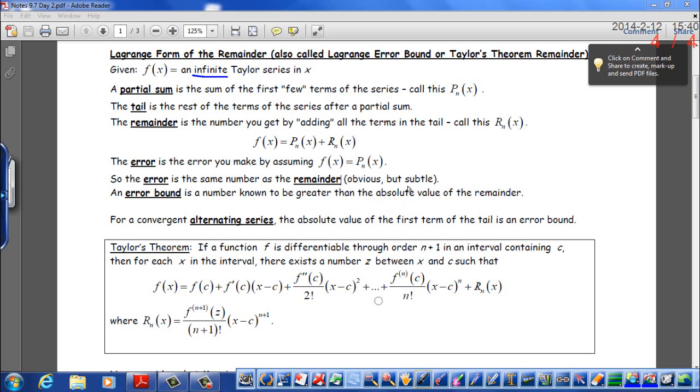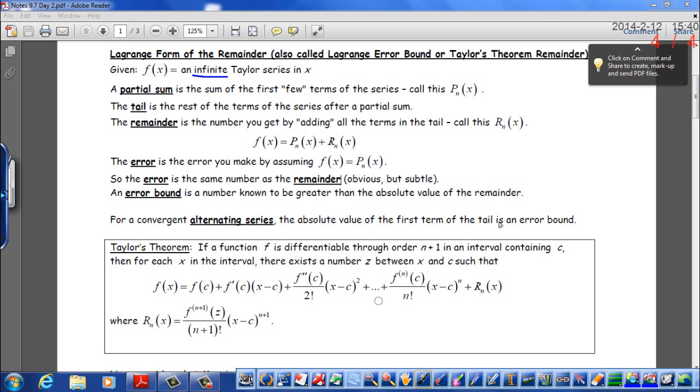It's basically how far you can go in either direction of your approximation and still be a reasonable answer. Something that you're familiar with for a convergent alternating series, then the absolute value of the first term of the tail, or the first neglected term is what we called it, that's the error bound. Okay, but go away from alternating series and we're going to talk about Taylor series.